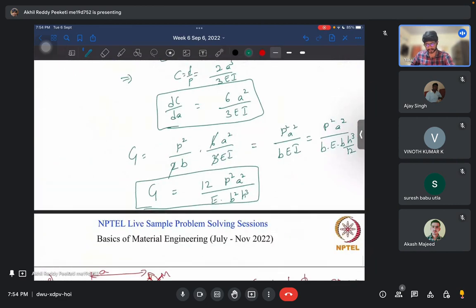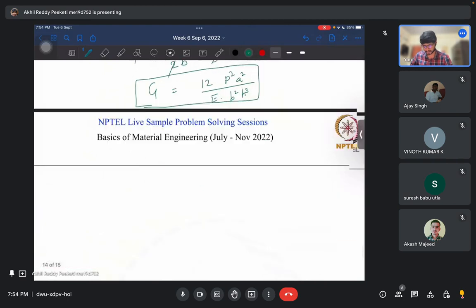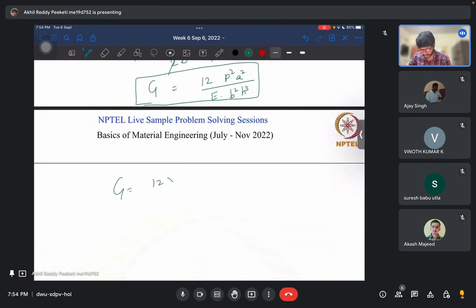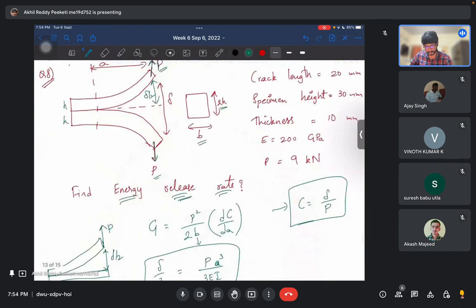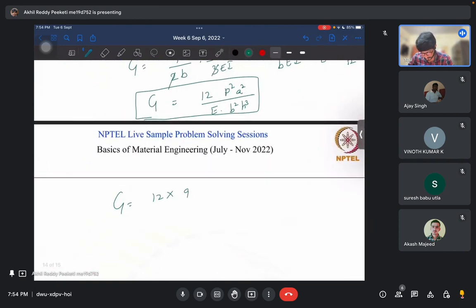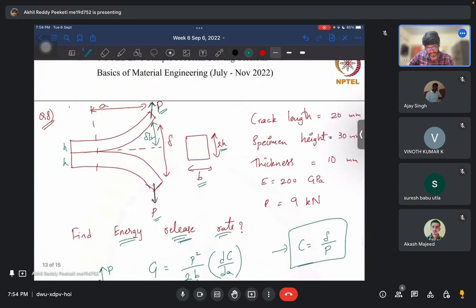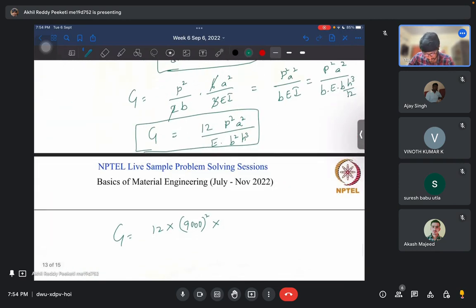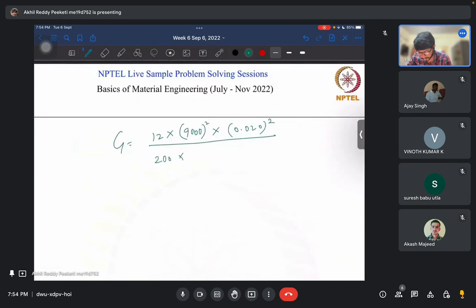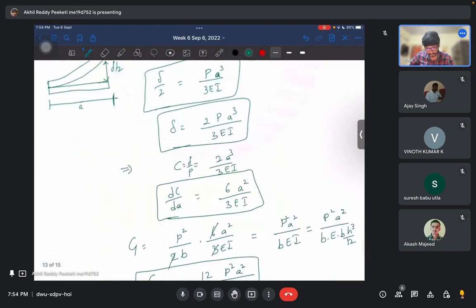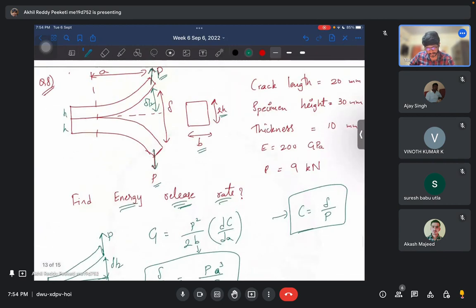So if you actually put in all the numbers in this case, G is equal to 12 into P. Here we have given P as 9 kilonewtons. So 9,000 whole square into a, crack length as 20 mm, so 0.02 whole square, by elastic modulus 200 GPa, so 200 into 10 power 9, into B square.